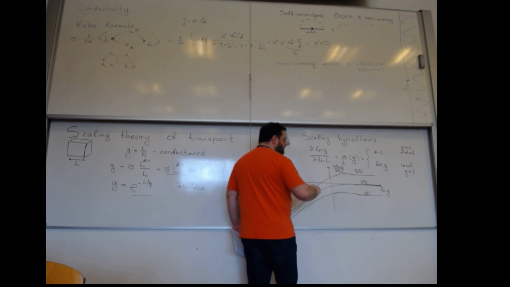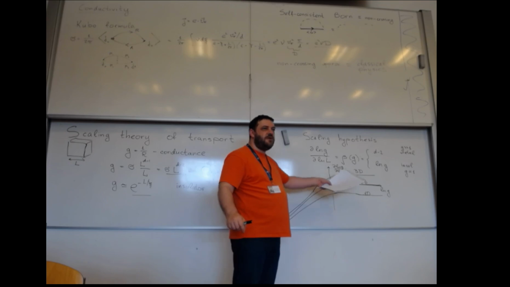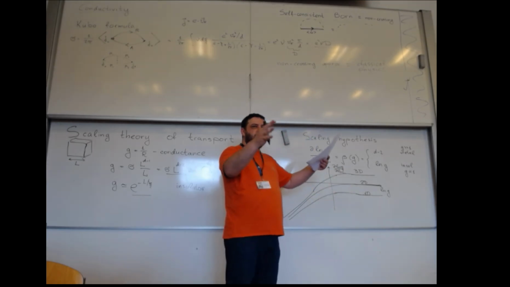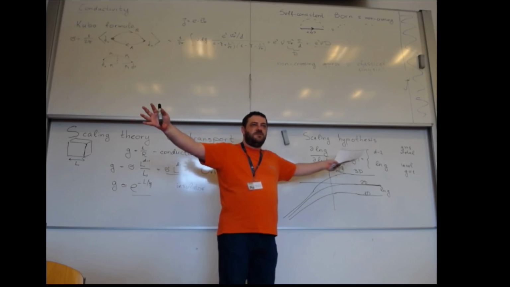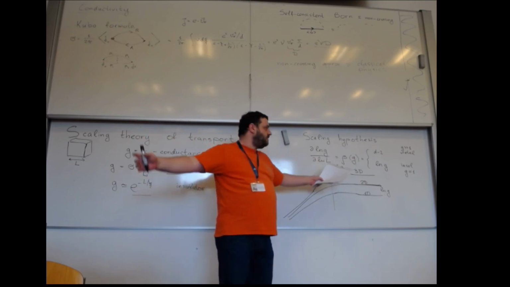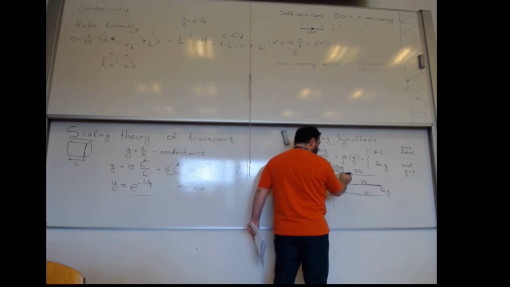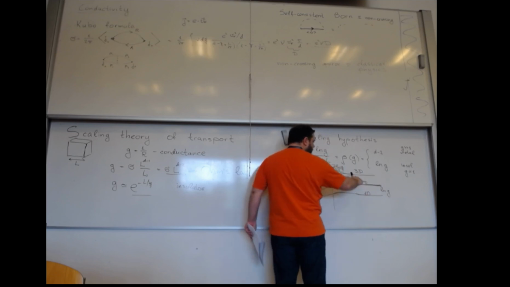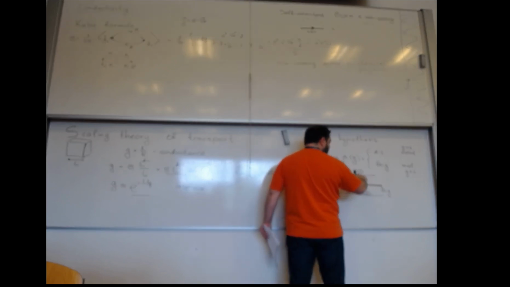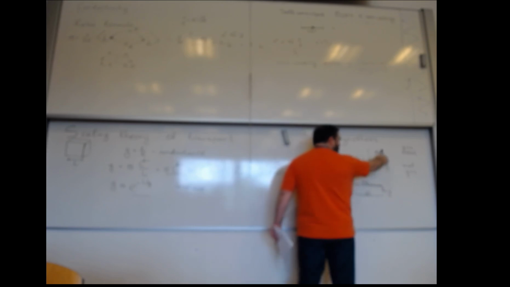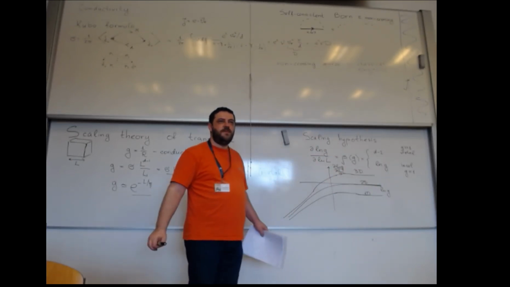And I say that the derivative here is positive, which means that if I start to increase the size of my sample, the conductance grows, so I move in this direction, and I end up somewhere far in this infinite direction.